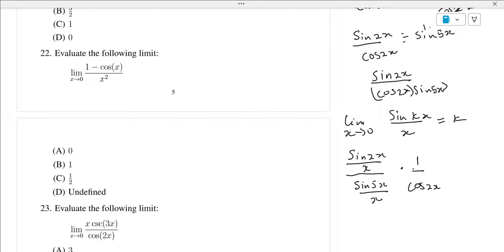Now what are we going to get for this one? We know that if we evaluate any limit like this, our answer is whatever is here, so k. So what will be the answer here? 2. And what will be the answer here? 5, times 1 over cos 2x.